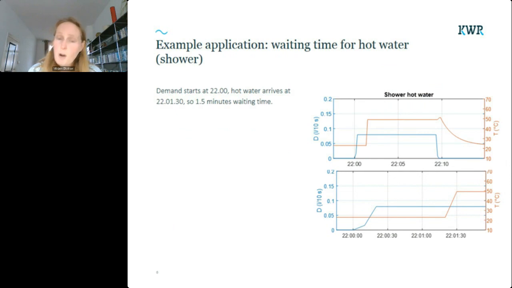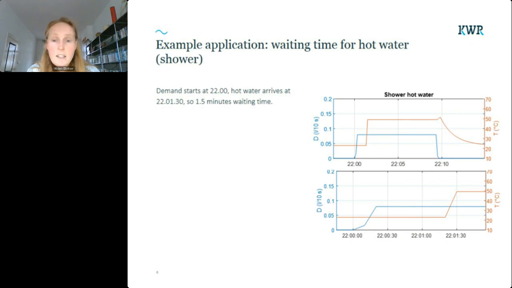We also modeled the temperature, and the results are shown here. The lower graph is just a zoom in of the first few minutes of your shower. In blue, again, the demand, in this case just the hot water side. There is, of course, at the same time some cold water demand, because you don't want to get a shower at 50 degrees Celsius, but maybe more like 38 or 40. So some cold water is also introduced there.